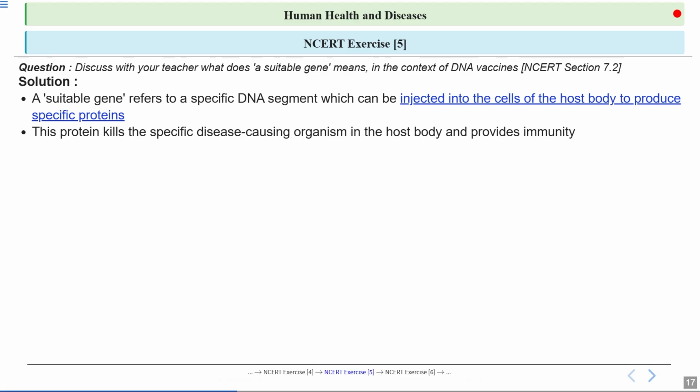This protein kills the specific disease-causing organisms in the host body and provides immunity. Clear? So this is what is known as the suitable gene in the context of DNA vaccines.